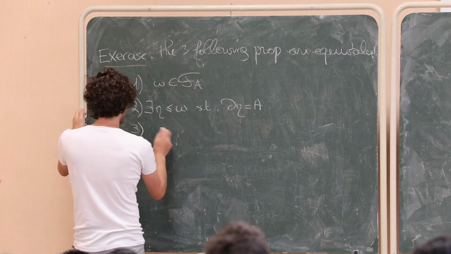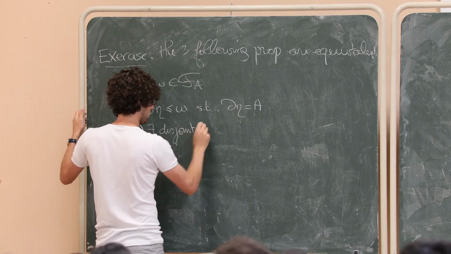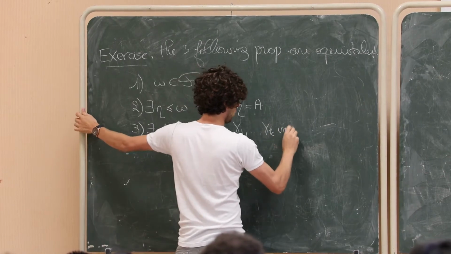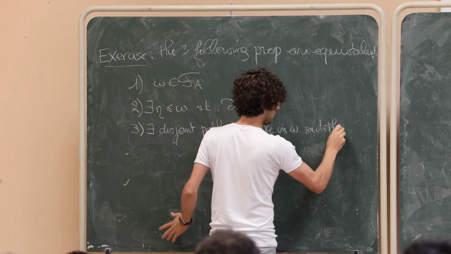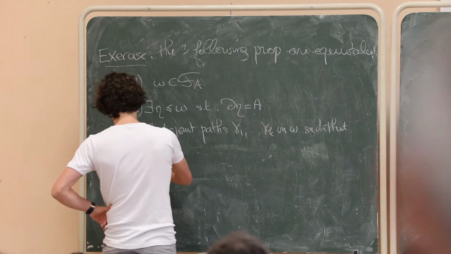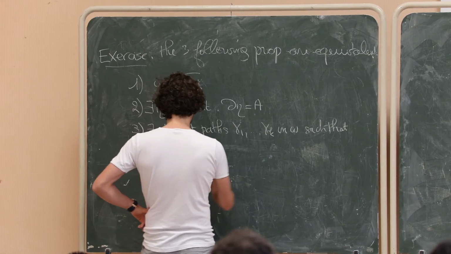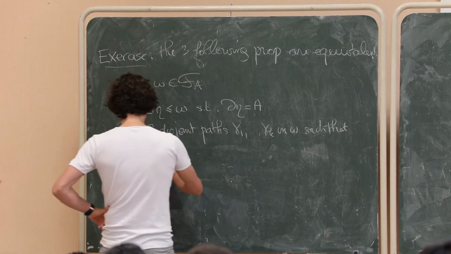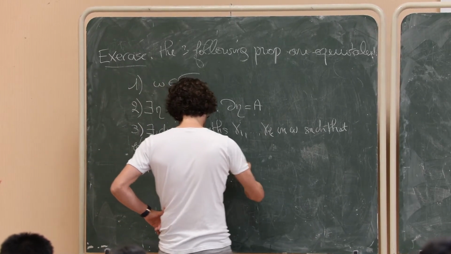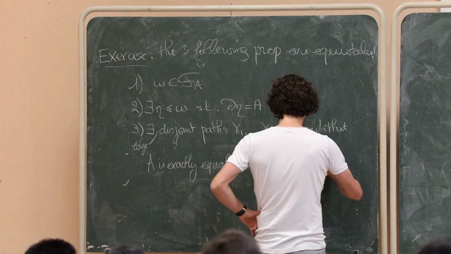And the third one is that there exist disjoint paths gamma 1, ..., gamma k in omega, so edge disjoint, so that gamma i pairs, so that A is exactly equal to the endpoints of the gamma i.